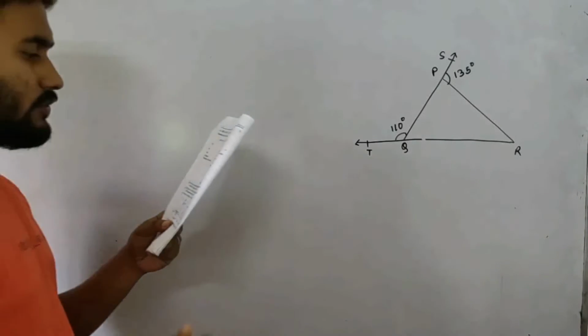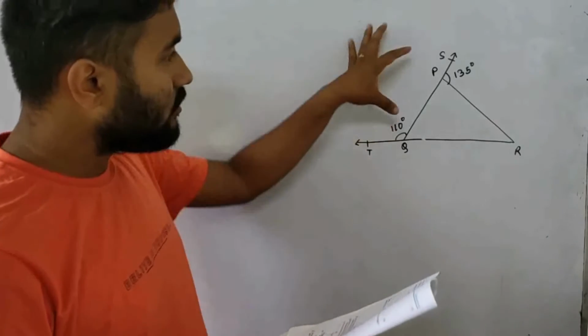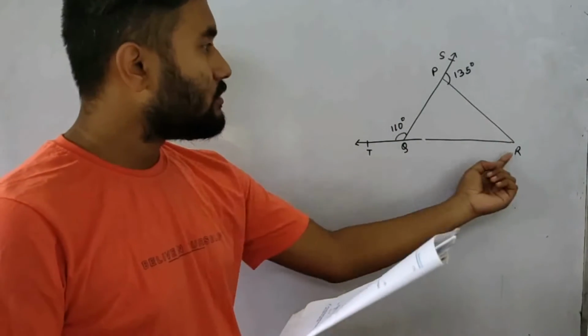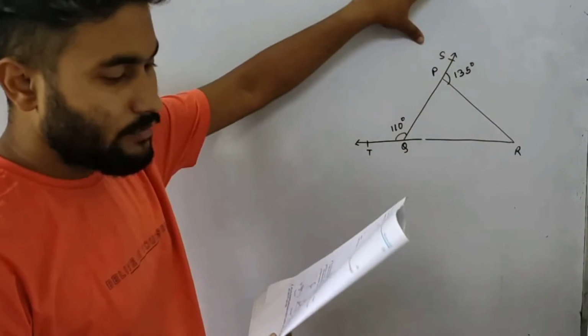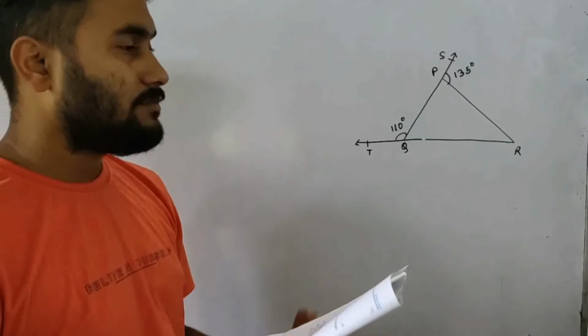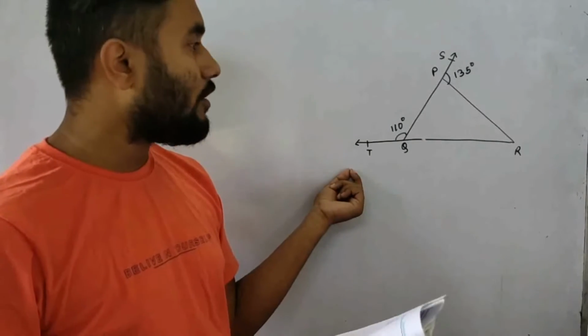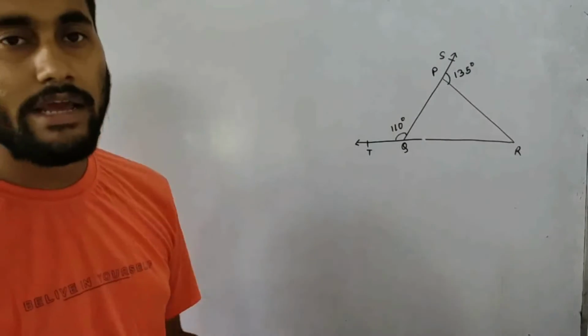In figure 6.39, sides QP and RQ are produced to points S and T respectively. This side is produced to point T, and this side is extended to point S, so that an exterior angle can form.